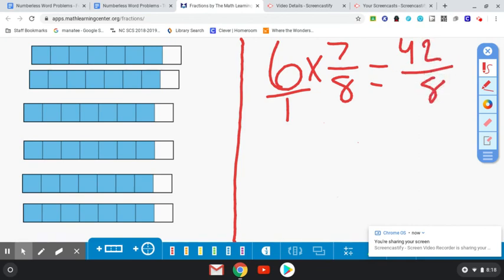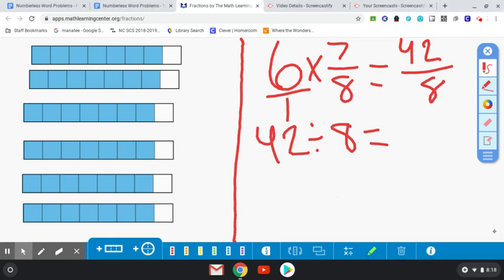So what we're doing is dividing to get this in mixed number form. So 42 divided by 8. We have to solve that to break this down to a mixed number. I like to skip count by 8 in this case to get as close as I can to 42 without going over.